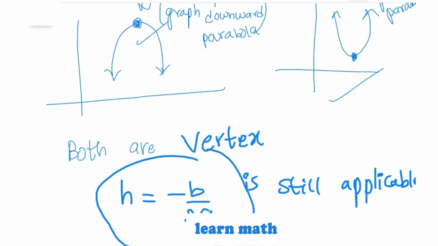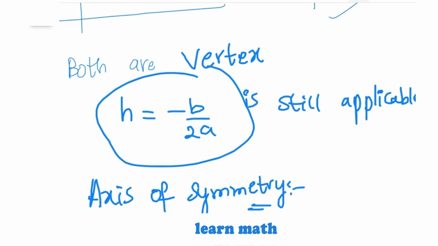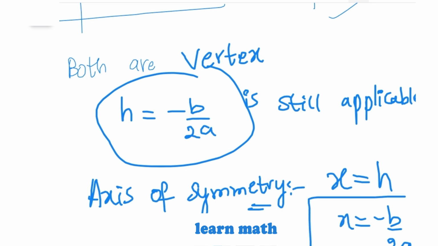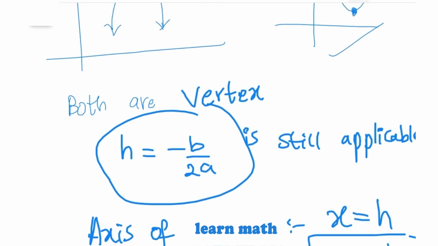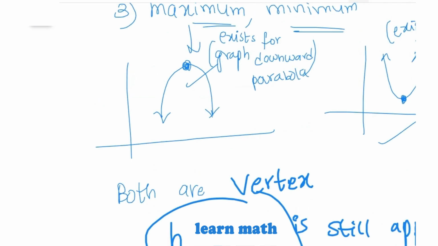The axis of symmetry line equation is x equal to h, or whatever it is. So this is about maximum and minimum.